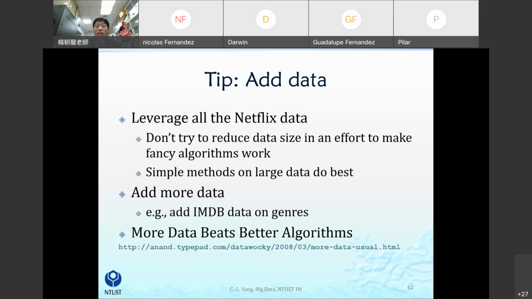But if you have big data, that helps a lot. A simple method on large data usually does best. I think that's the idea, right? Try to add more data, and from other data sources. More data, better results. That's interesting. But I already mentioned this in my previous courses.